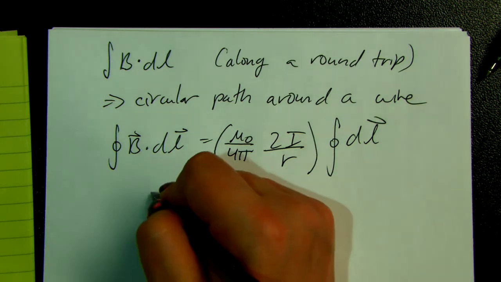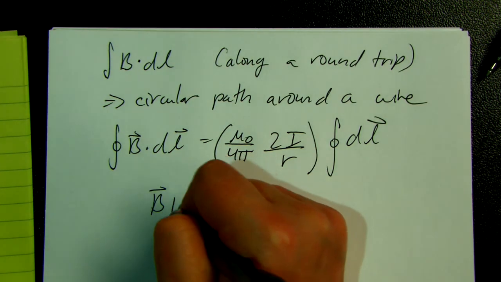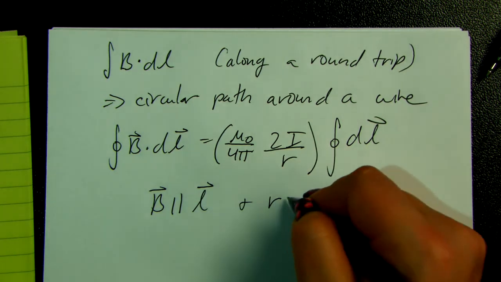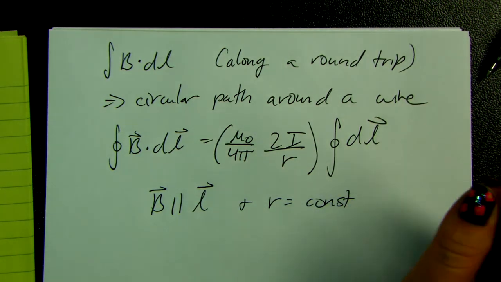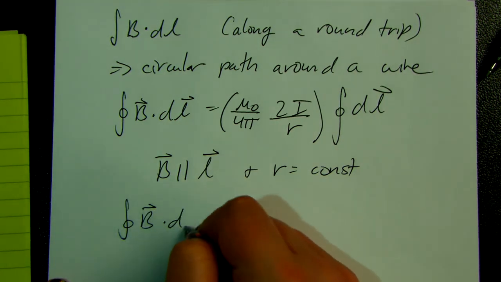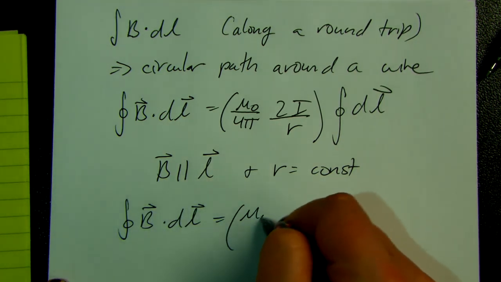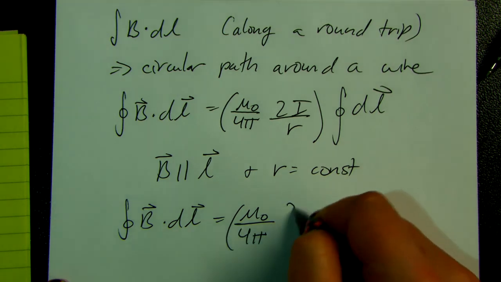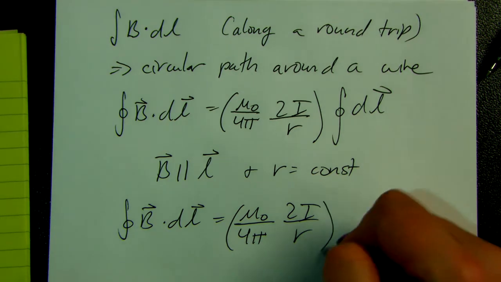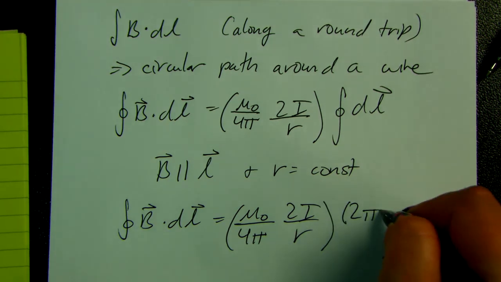A couple things: B is parallel to dl, and R is constant. If you walk in a circle, you just traverse distance 2 pi r.